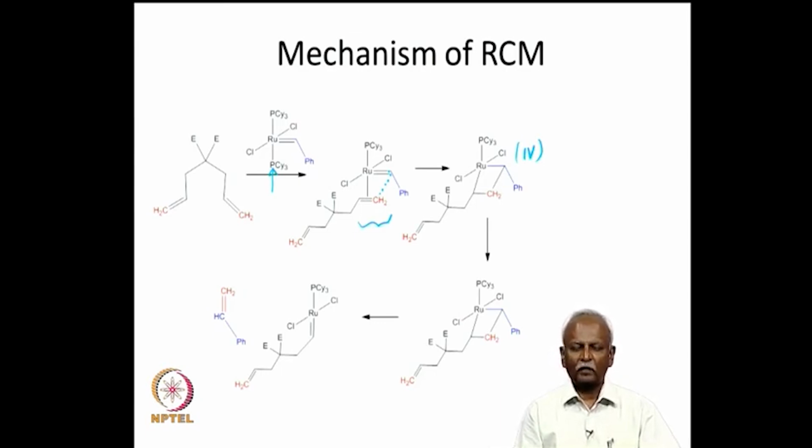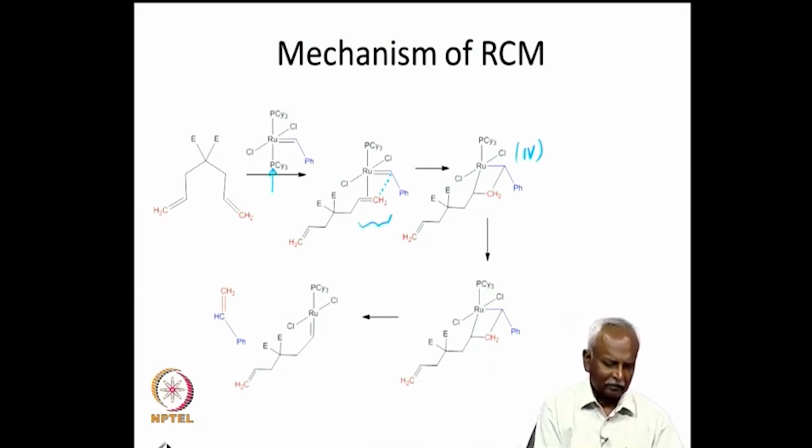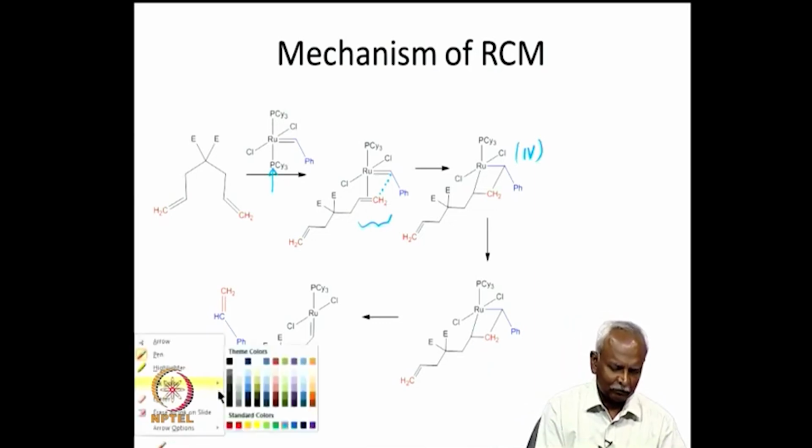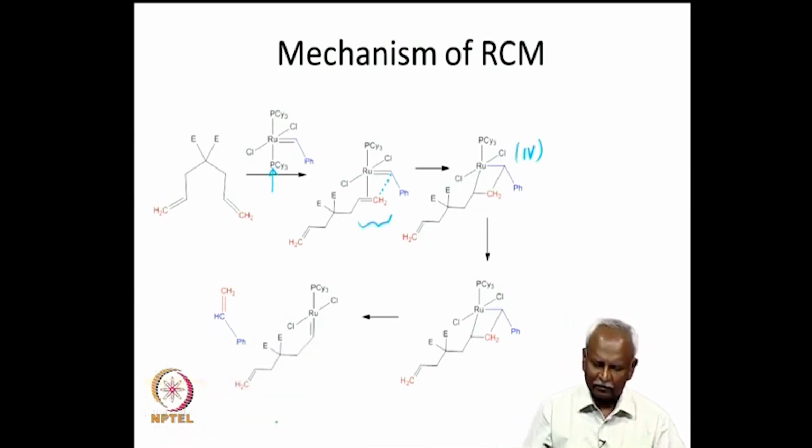Earlier you had the formation of a new carbon-carbon bond between the CH2 group which was coming from this starting material and the alkylidene group which is present on the metal. Now, I can eliminate this alkene, and I shall show it in a different color, so that you can follow it very easily.